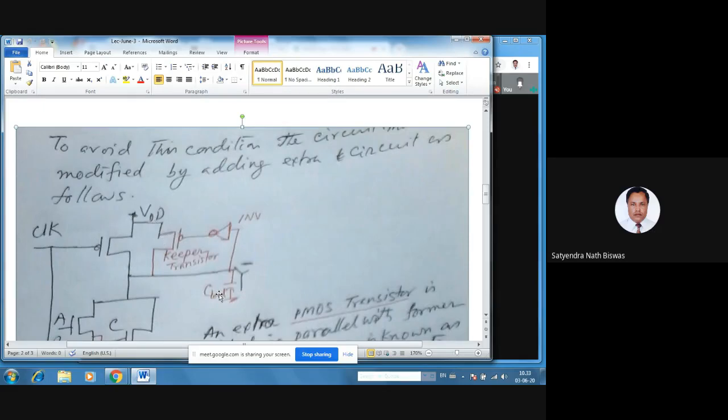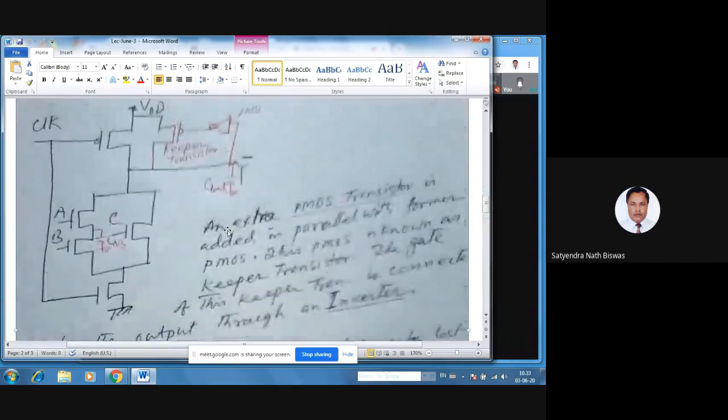But in this case, we need an extra keeper transistor, and also we need 2 transistors for the inverter. Right? So we need an extra 3 transistors. In this small circuit, it is not a saving, but for a bigger circuit, we need only 3 extra transistors. On top of those, there are so many PMOS transistors here. Let's say we consider a 50-input Boolean equation.